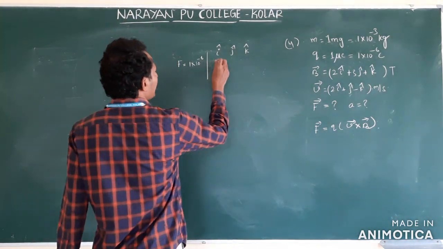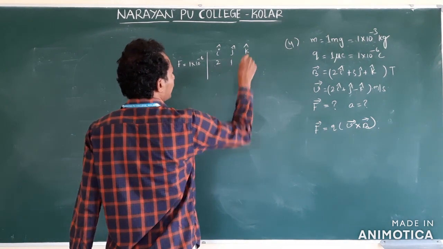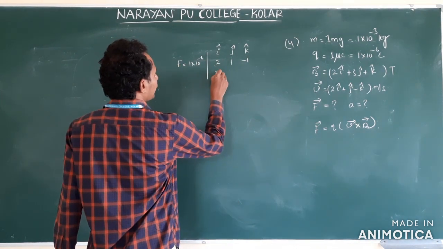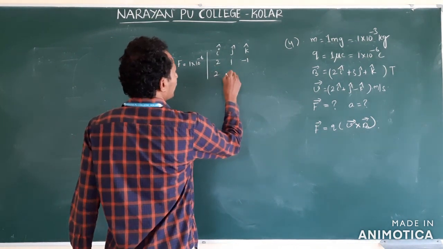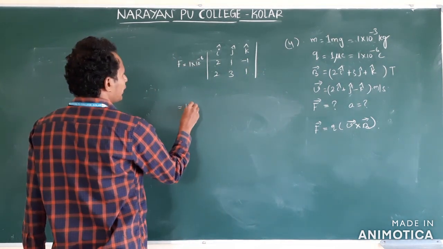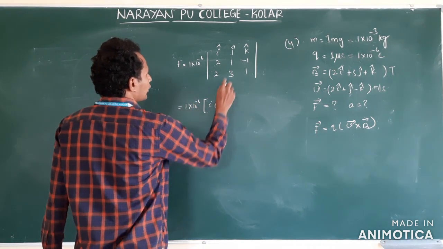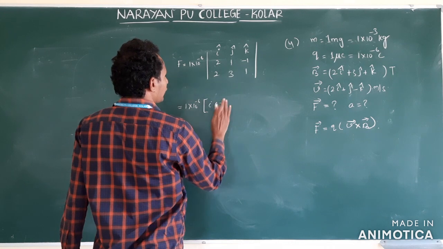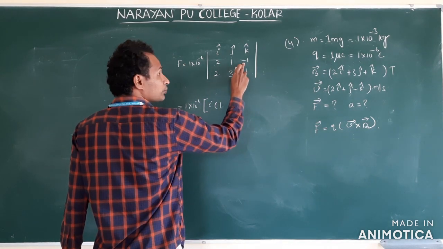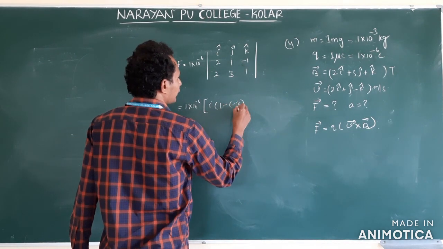What is the V vector? I component in V is 2, j component 1, k component minus 1. Next take the B vector. I component in B is 2, j component 3, k component 1. Now this is equal to 1 into 10 power minus 6 times: i (1 minus 3 into minus 1), that is 1 minus of minus 3.